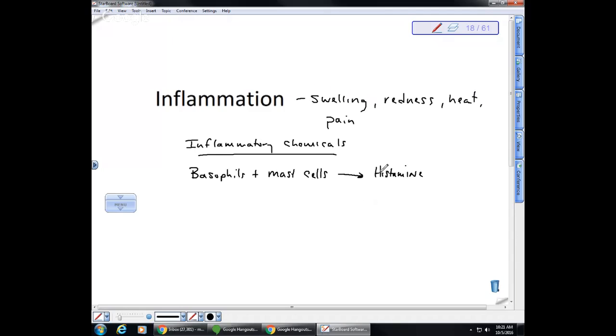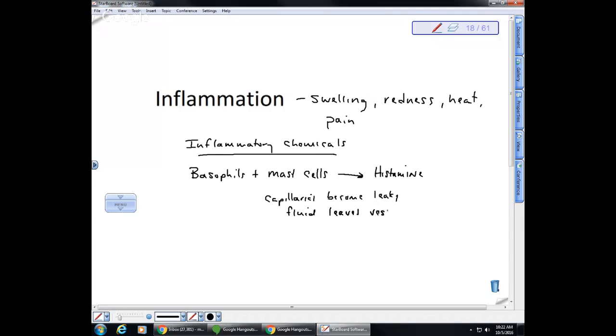And one of the things that histamine does is it causes capillaries to become leaky, so fluid leaves the circulatory system. So capillaries become leaky, and fluid leaves the vessels.